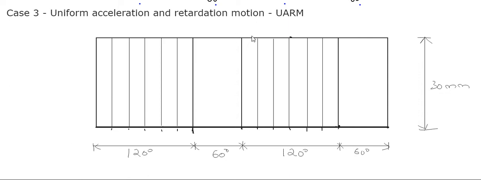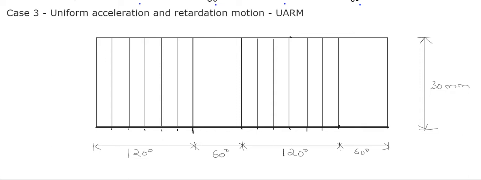So for getting uniform acceleration retardation motion, you have to again draw that rectangle with the same method that we explained earlier. Then you have to go for finding the middle line. It is always recommended to draw an even number of lines.